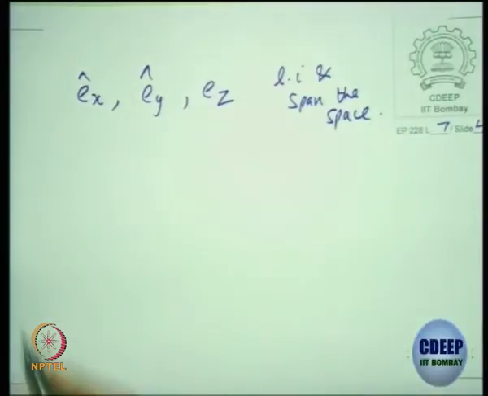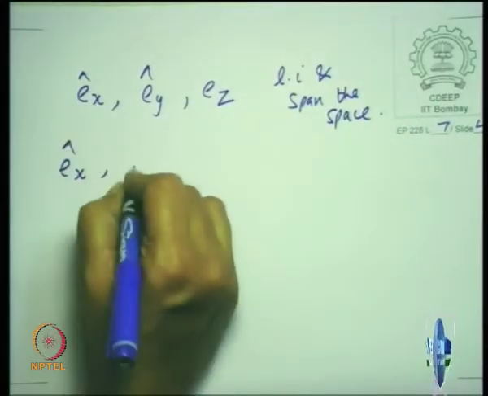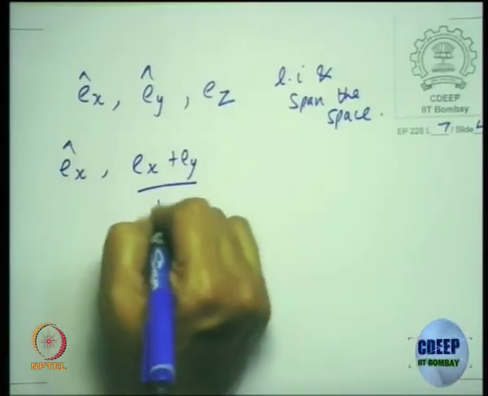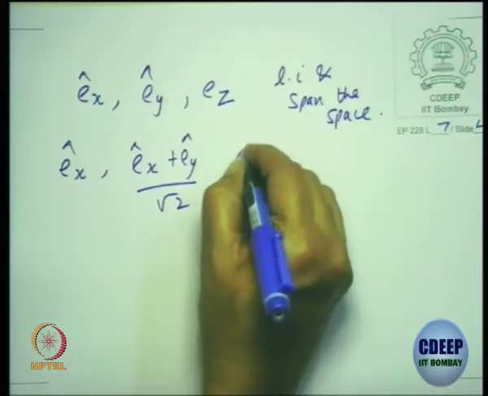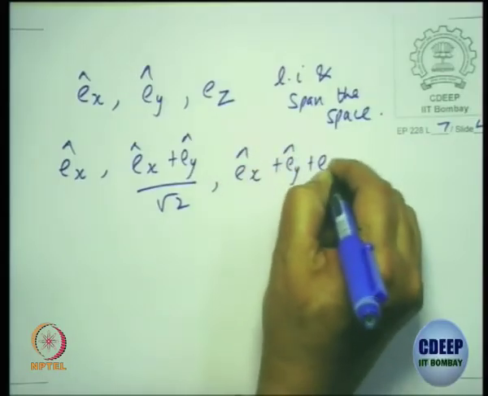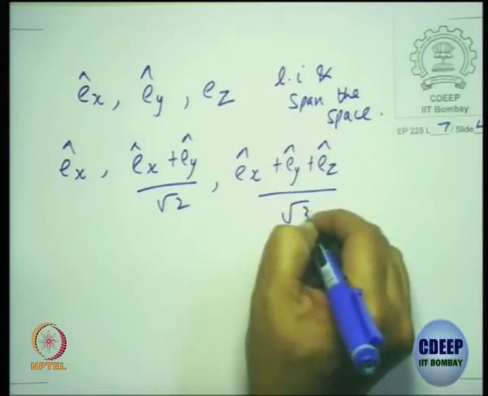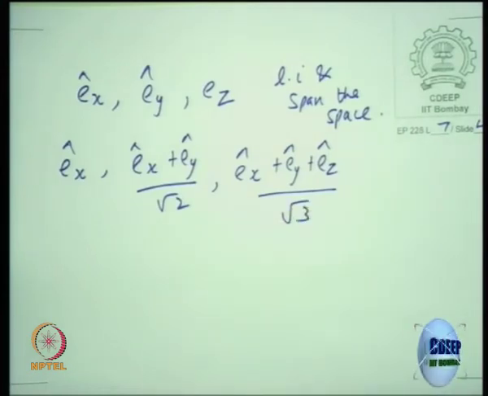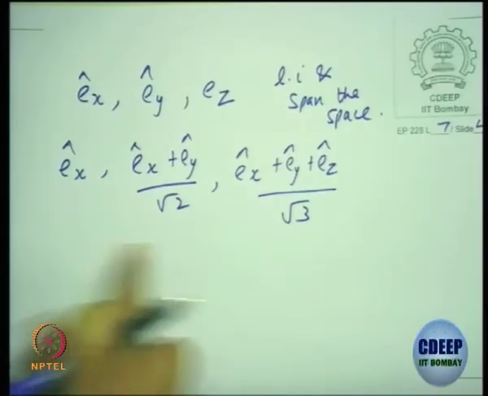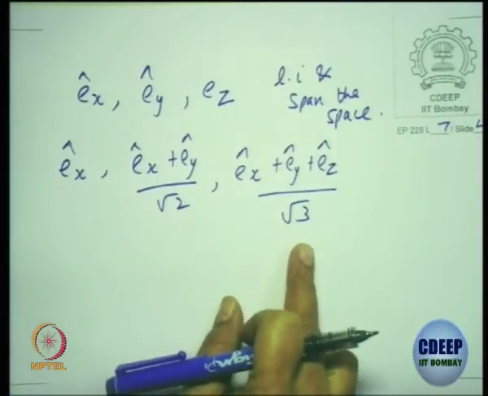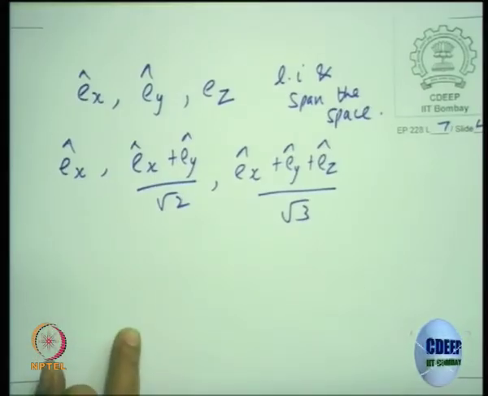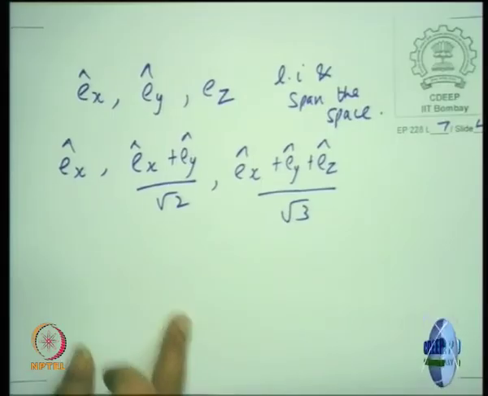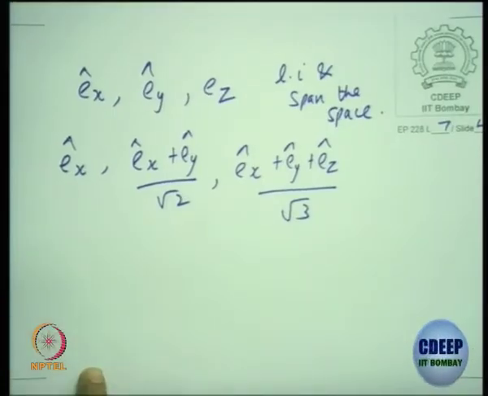You could also have something else like Ex plus Ey by root 2, Ex plus Ey plus Ez by root 3. Why am I putting the denominator? So that they can be like a unit vector. Are these also spanning the space? They are also spanning the space. Are they also linearly independent? Any arbitrary vector, you can write it in terms of these 3.